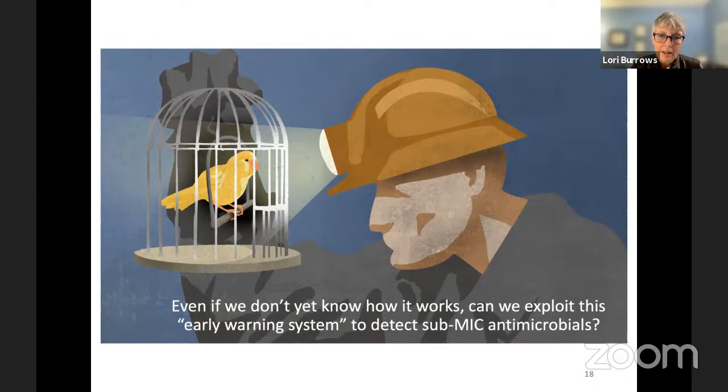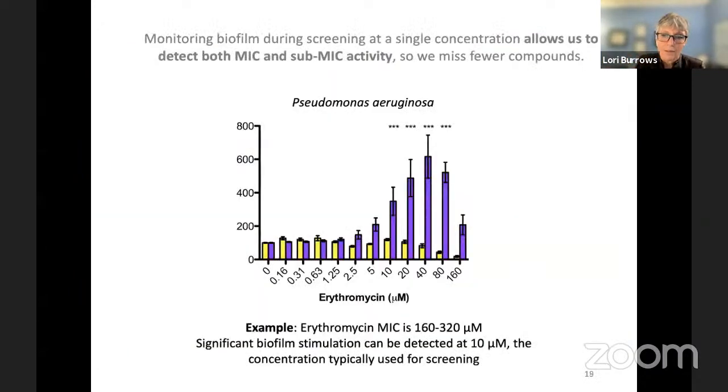So I call this the canary in the coal mine, because miners used to use a canary in a cage to tell them if there were invisible gases that might kill them being produced in the mine, right? So we're using the bacteria as a canary to tell us if there's just a small amount of antibiotics in the test. And that way we will not miss those small amounts of antibiotics, because if we were just looking for growth, we would miss it, right?